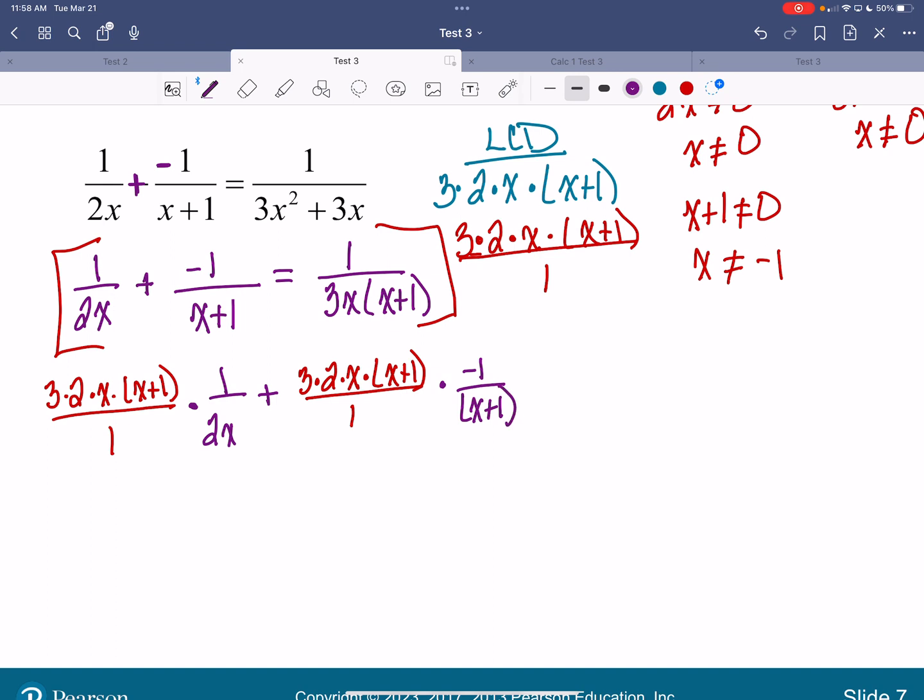Don't lose that negative. That's why we write it in that denominator right there. Then I've got 3 times 2 times x plus 1 over 1 times 1 over 3x, x plus 1. Take a minute to pause. Is everything in red my LCD over 1, and is everything in purple my original equation?